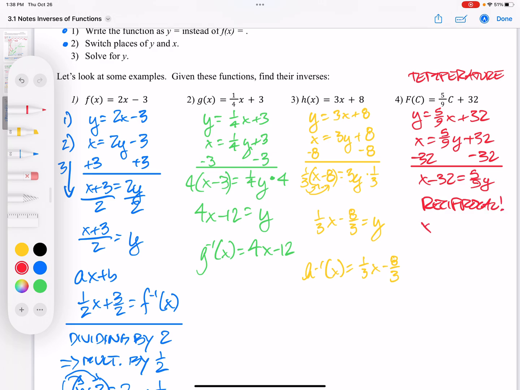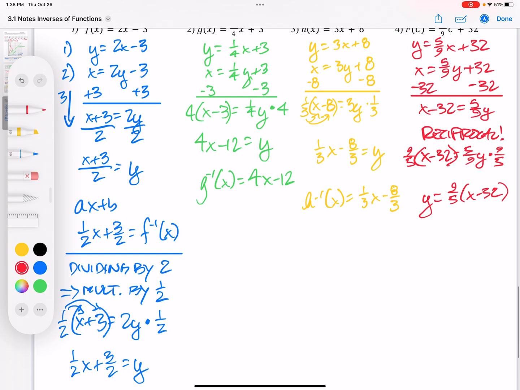So I'm going to say x minus 32 equals 5/9 y, times 9/5. Multiply the whole side times 9/5. Cancels on the right, and I get y equals 9 over 5 times x minus 32 is the inverse.